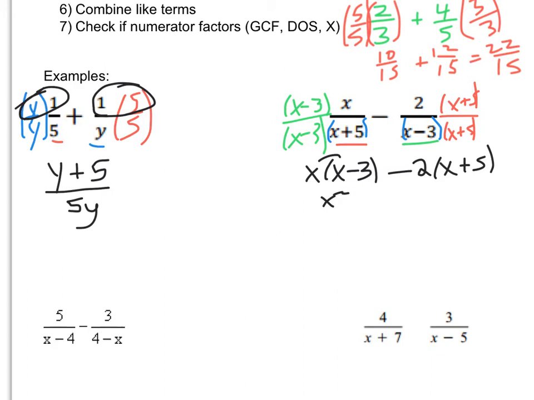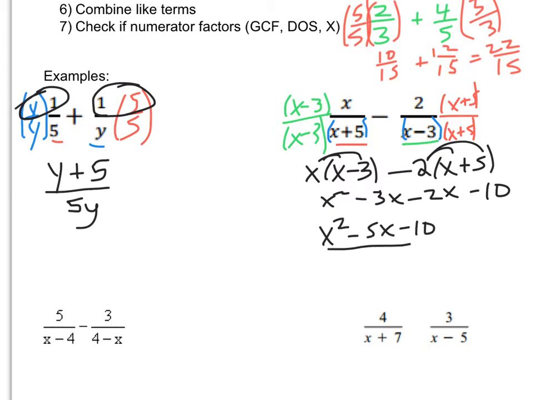So I get x squared minus 3x minus 2x minus 10. So my numerator is going to be x squared minus 5x minus 10 over parentheses x minus 3, x plus 5.